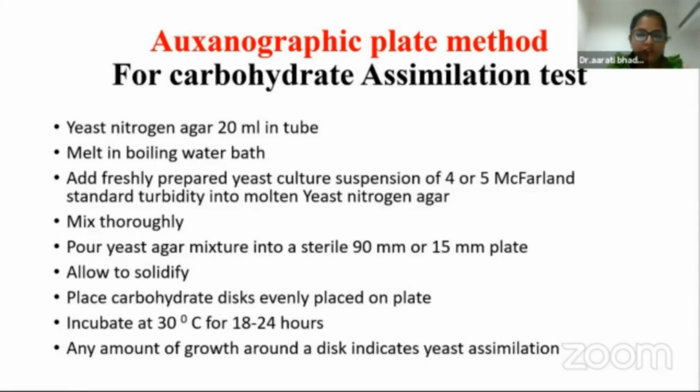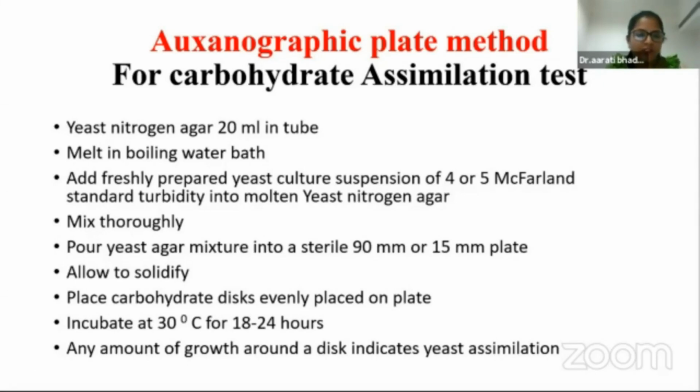So whenever we are performing the test, we have to melt it in the boiling water bath. Then we have to take the yeast nitrogen agar in molten form in the tube, 20 ml. Add freshly prepared yeast culture suspension of 4 or 5 McFarland standard turbidity into the molten yeast nitrogen agar.